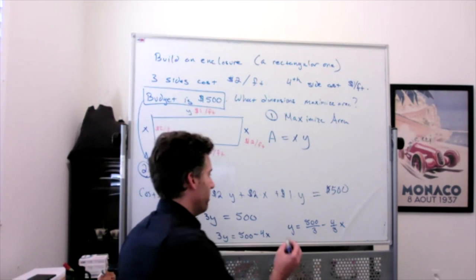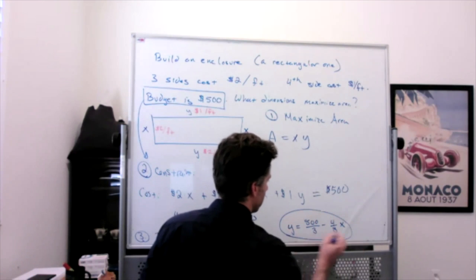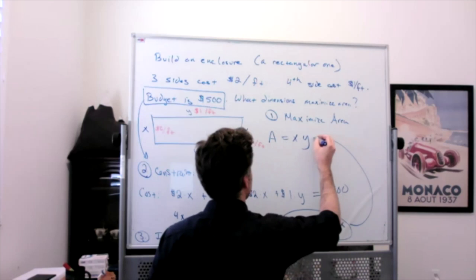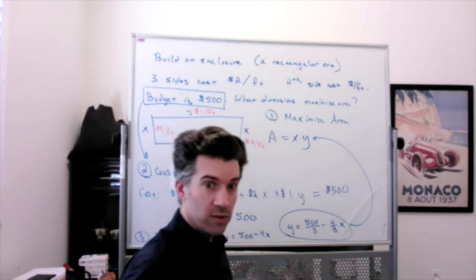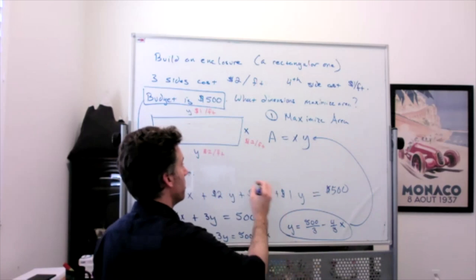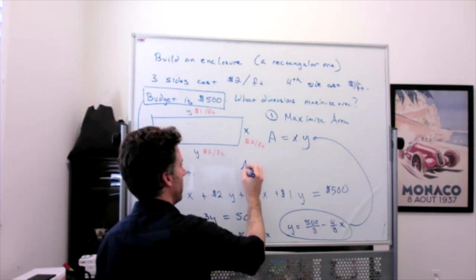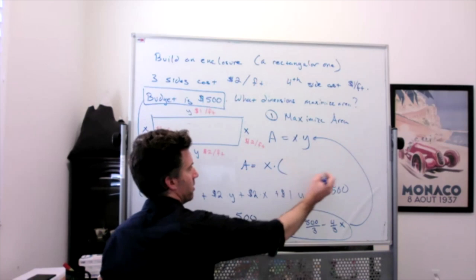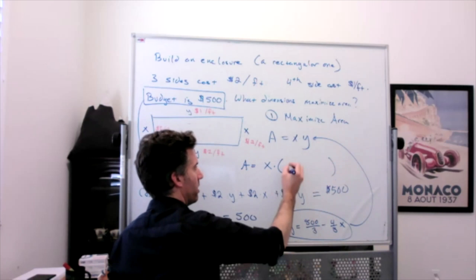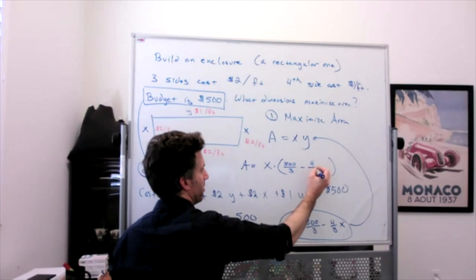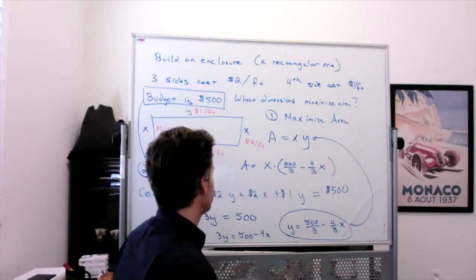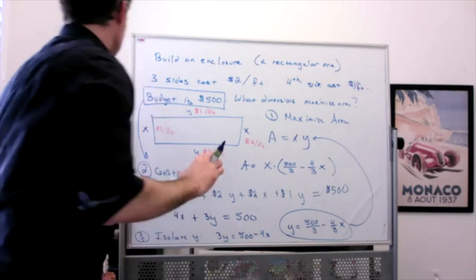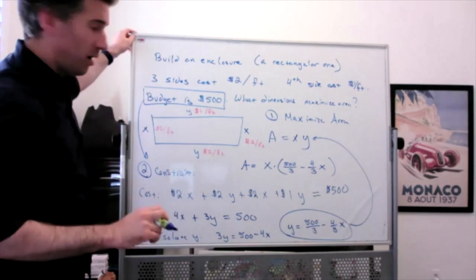Okay, and this is what's going to go back into my area equation, so that now I can rewrite the area as x times this expression for y, which is 500 thirds minus 4 thirds x. I'm going to go to the other side.